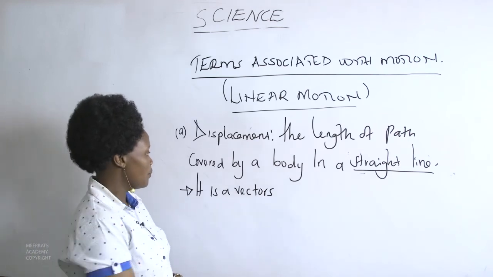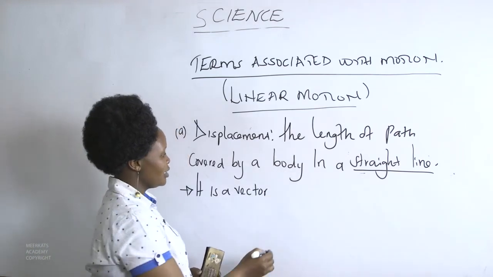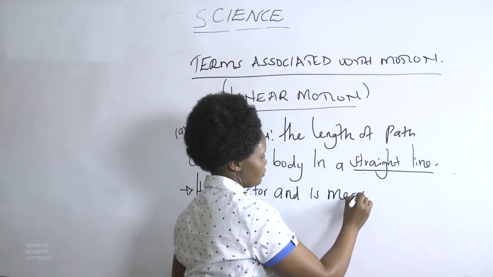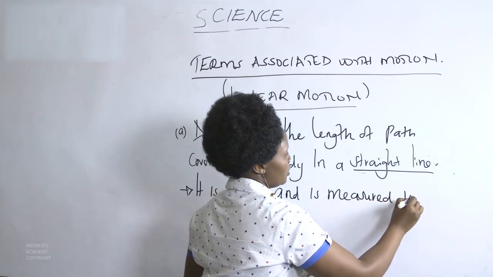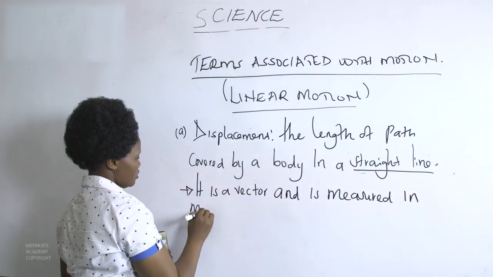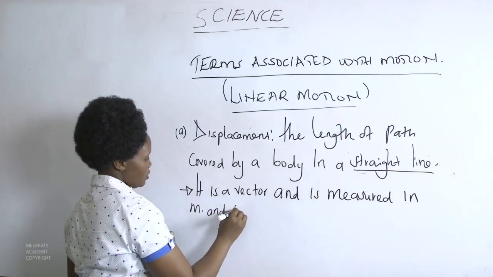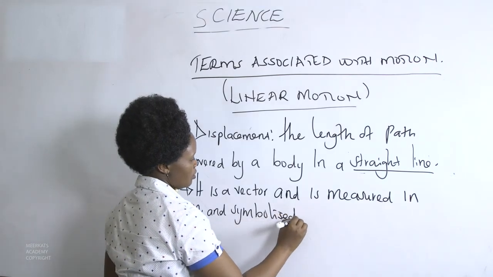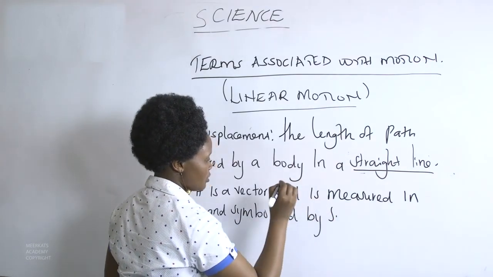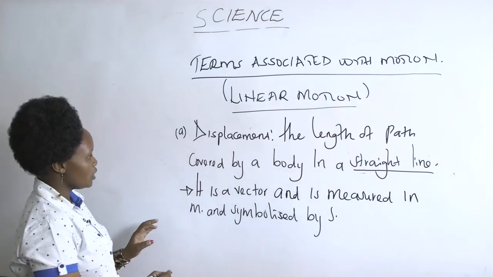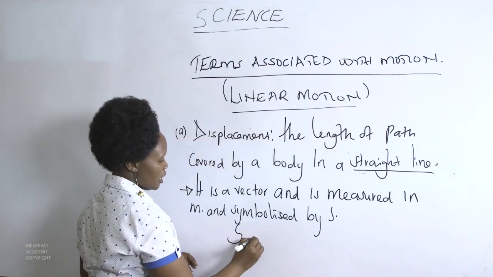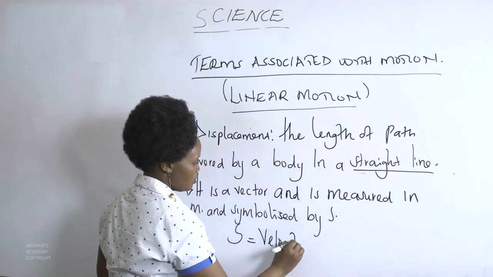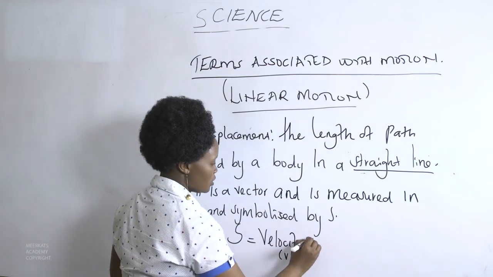It's a vector and is measured in meters, and symbolized by an S. So numerically, we can represent it as velocity times time.